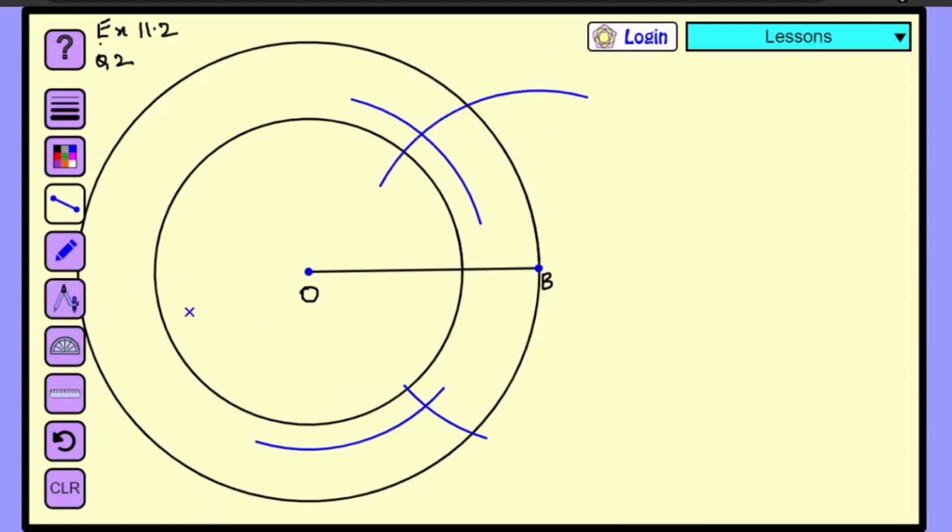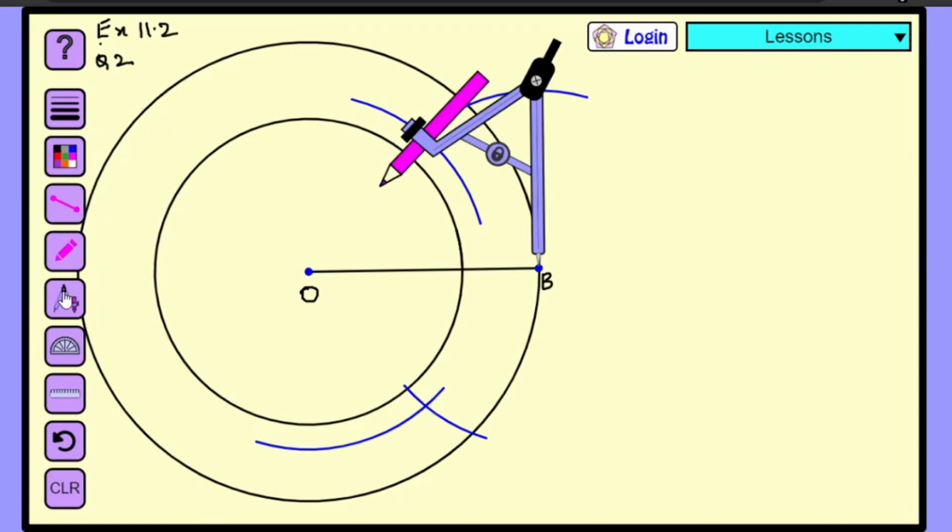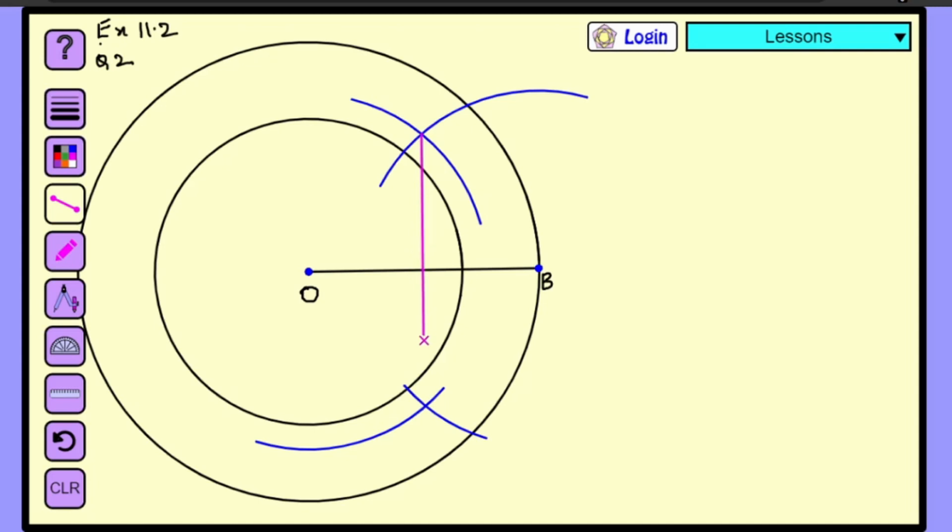Now join these two points. We will get the midpoint of OB.